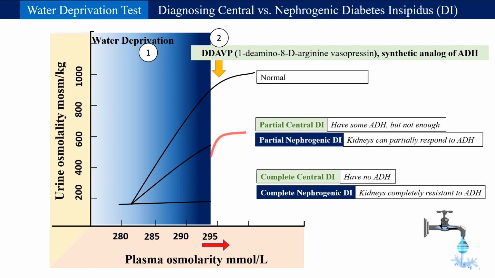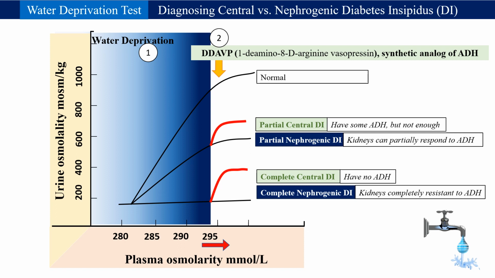Patients who have partial or complete central diabetes insipidus will appropriately concentrate their urine and increase the urine osmolality with DDAVP administration. Patients with partial or complete nephrogenic diabetes insipidus, however, will also have resistance to DDAVP and will not be able to concentrate the urine.